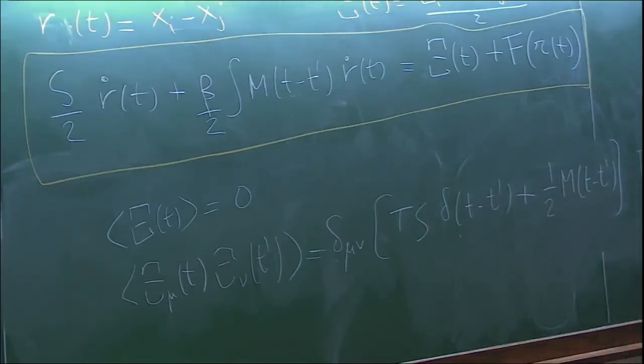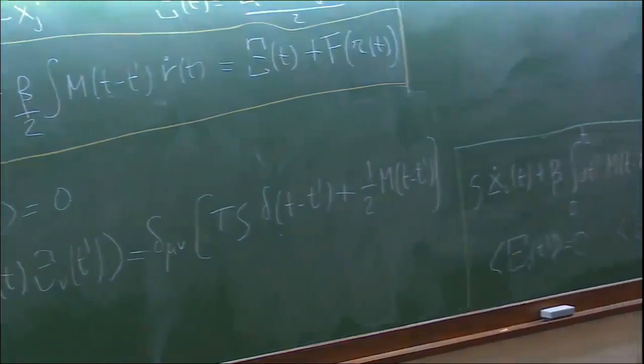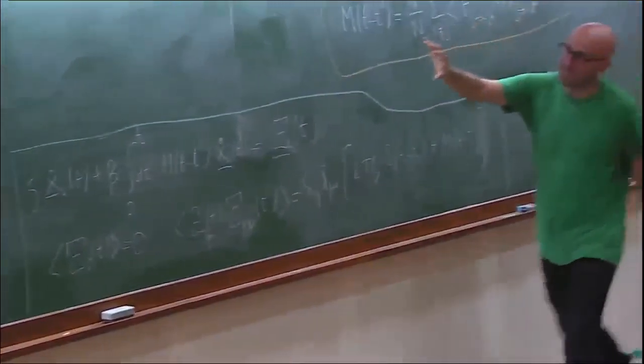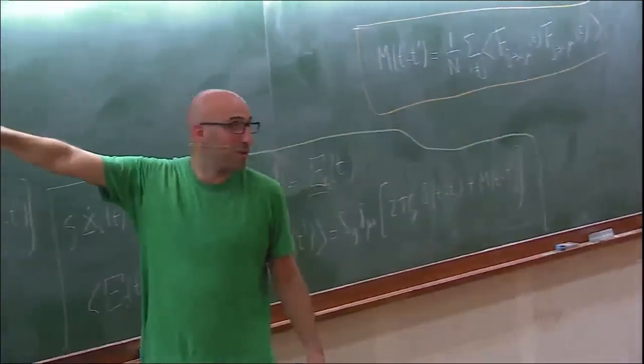And now we can close everything, because now the M is the autocorrelation of the force between j and i, between times t and t prime, and this was the average over all the particles j for a given i. But I can think now that this is an average over this effective process that I got here.